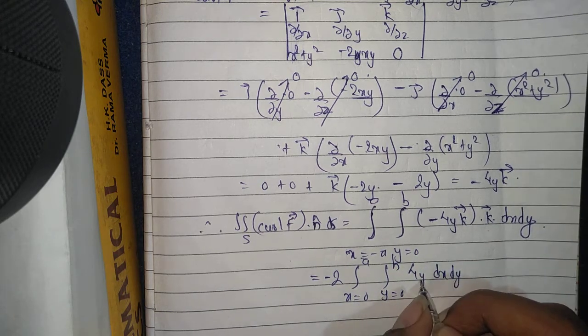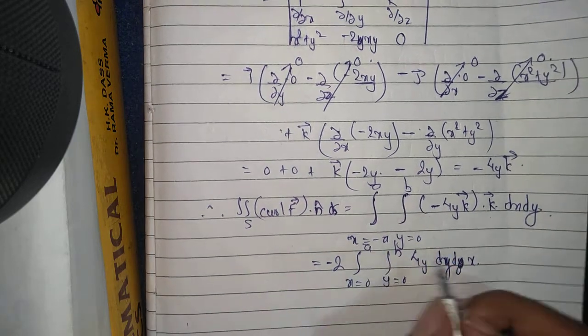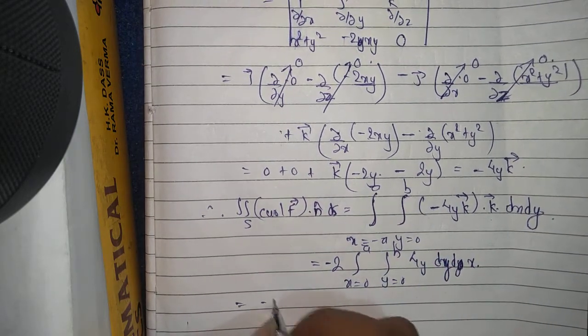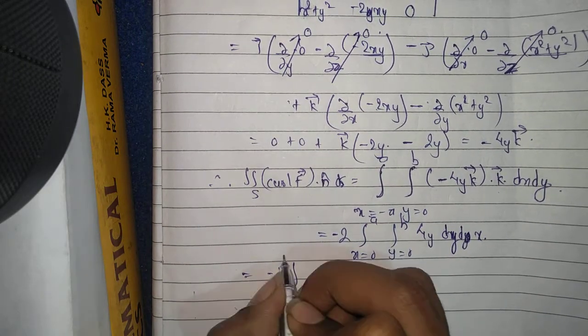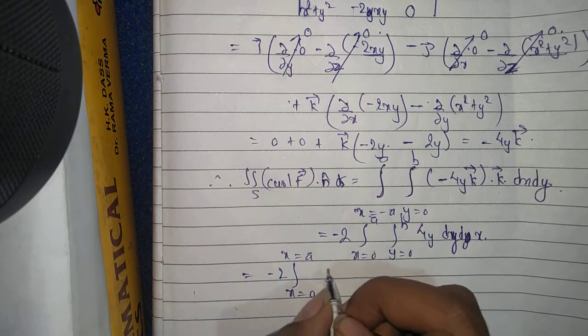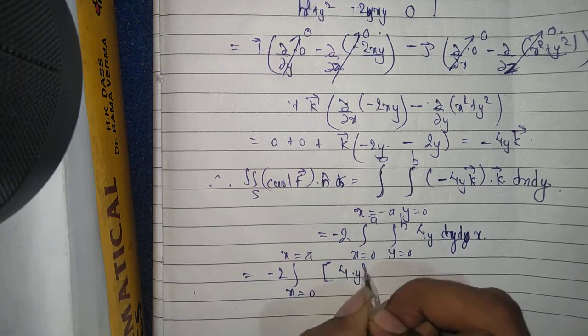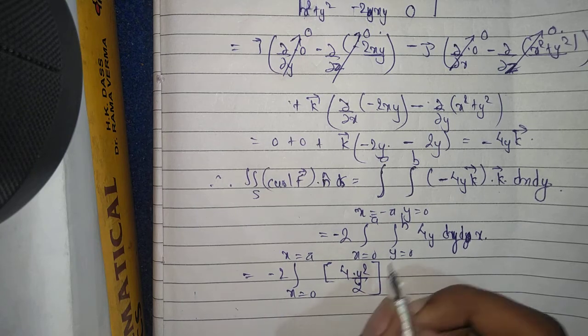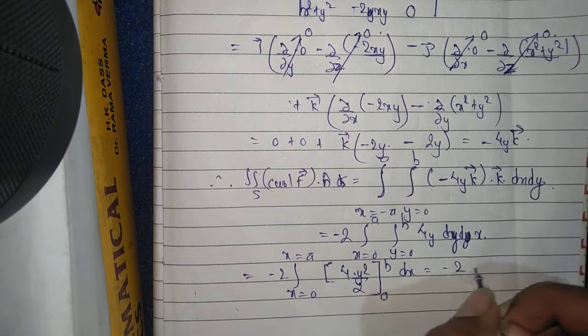Now integrating, at first let us integrate along dy. We get minus 2, x equals 0 to x equals a, 4y square by 2, with the limit varying from 0 to b, dx.